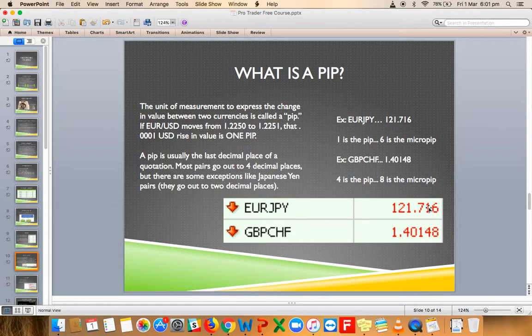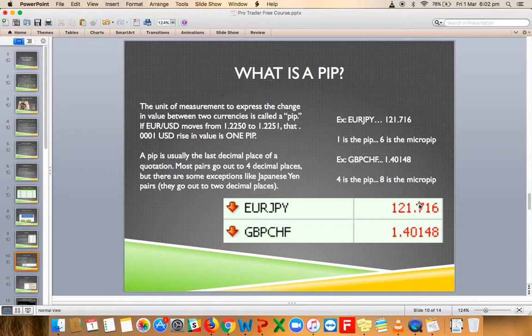Because what? You're dropping 2 from 71. You have 69. Okay? That's JPY for you. And I've also explained every other pair that is not JPY. You'll be having 4 decimal places to deal with. When it's a JPY, you're interested in the first 2 digits after the decimal place.